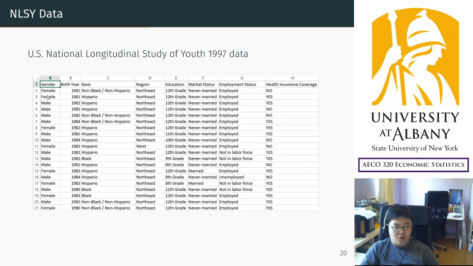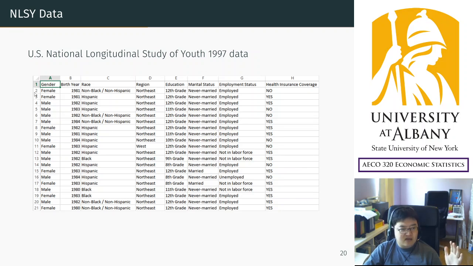And each row has one person. So the first person is a female, born in 81, non-black, non-Hispanic, living in Northeast, finished 12 years schooling, never married, and employed but has no health insurance. So you can see information of a person in each row.